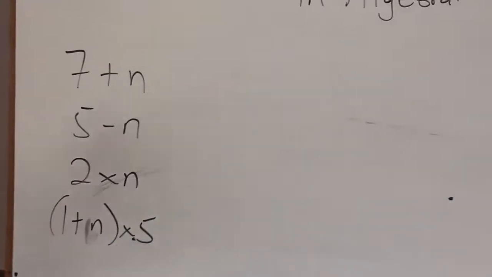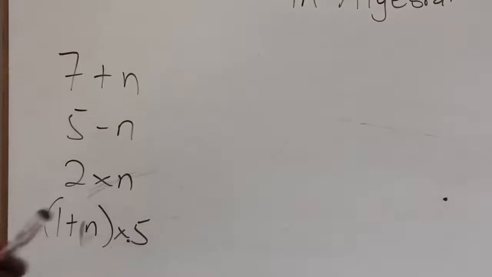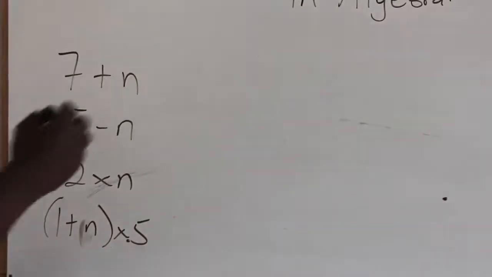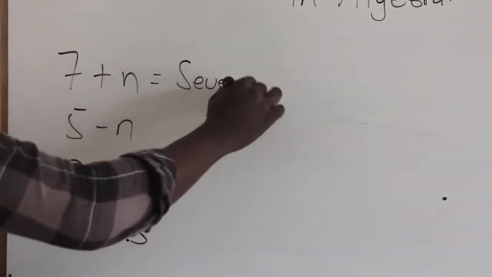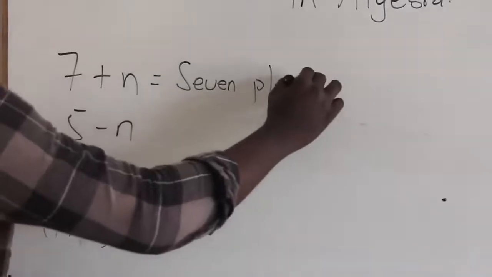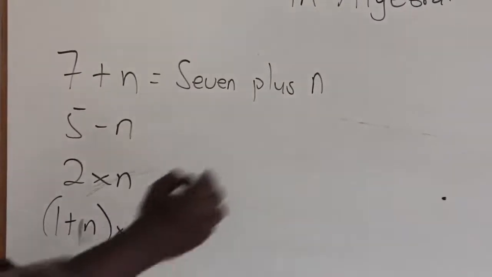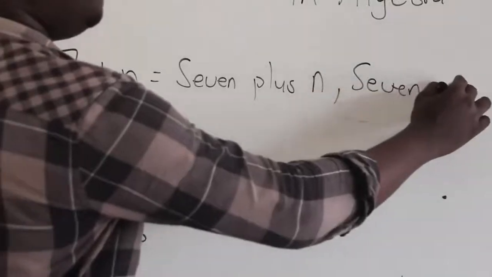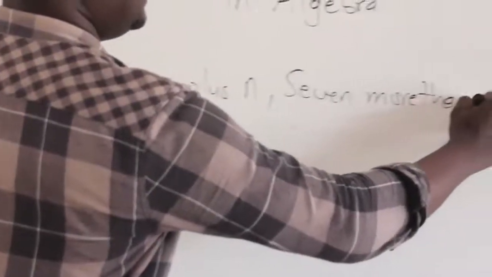Okay. Now we have 7 plus n. So 7 plus n in words, how would you describe this? It can be 7 plus n. Or it can be 7 more than n.